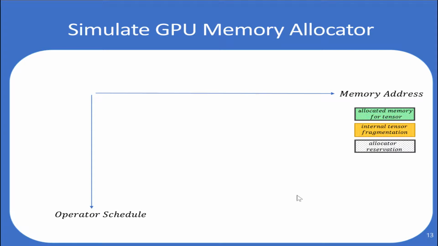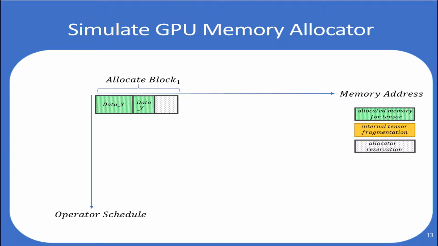Initially, before the operator execution, in the first line, GPU memory is allocated for the 2 initial input tensors, data X and data Y. And the extra memory, the gray rectangle, is pre-allocated to make future allocations more efficient.